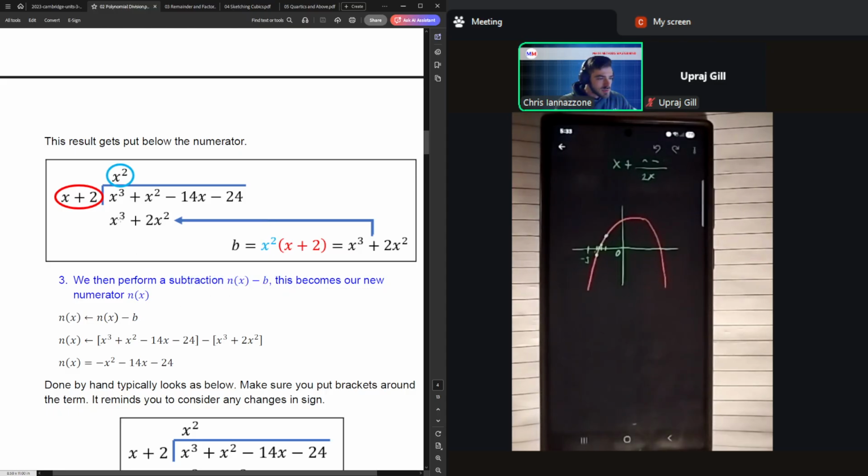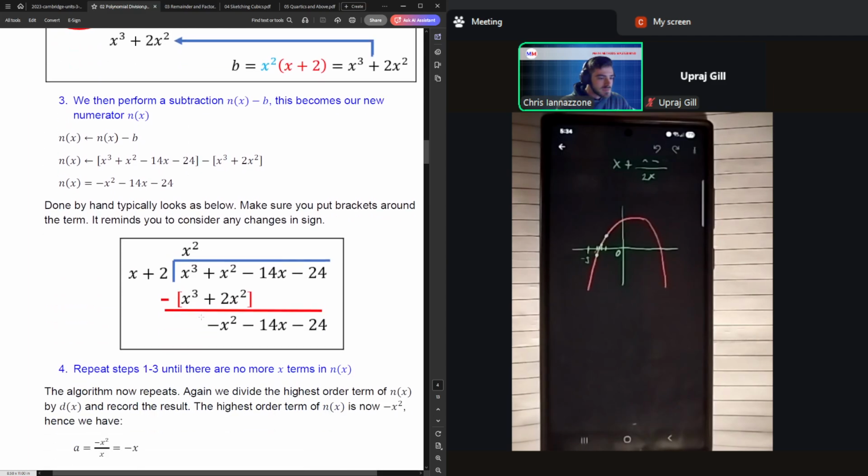From there, we perform a subtraction. So it's the top minus the bottom. Now, you need to minus the entire bottom. That's why when I do it, I'll typically put brackets around the thing to really emphasize, hey, you're not just putting a negative sign on this thing, you're also putting a negative sign on this thing. That's where this will be especially handy if you're doing work in the margins, because this is algebra that we're all used to, right?